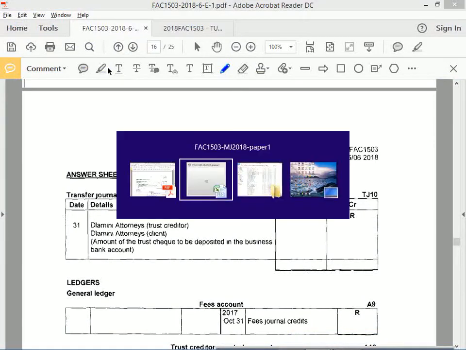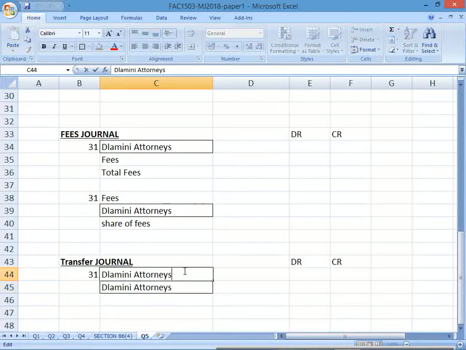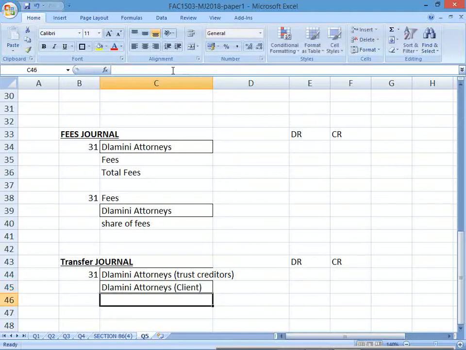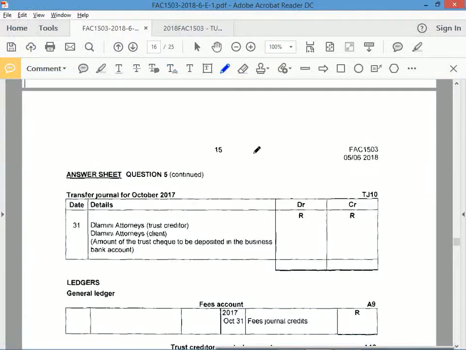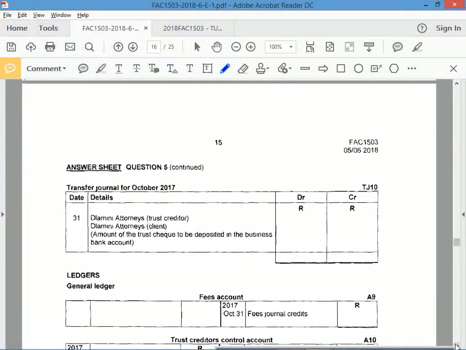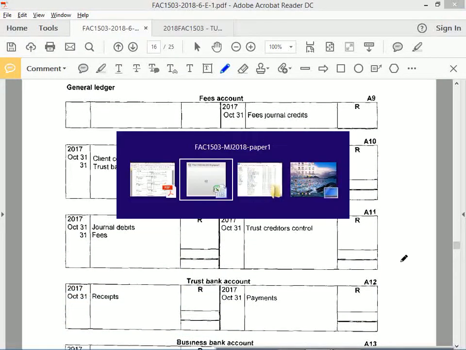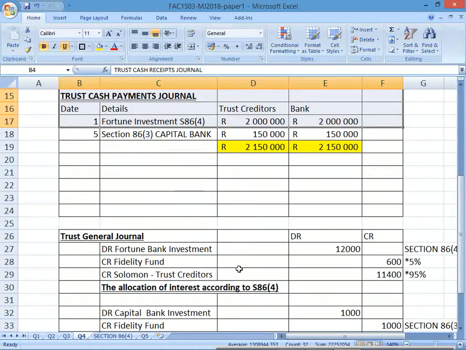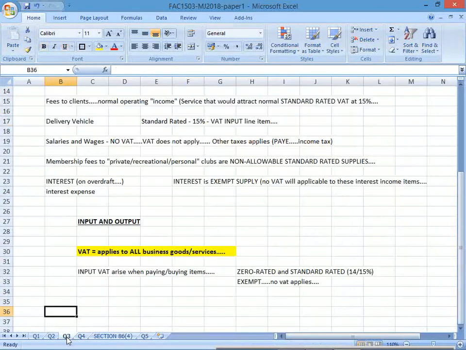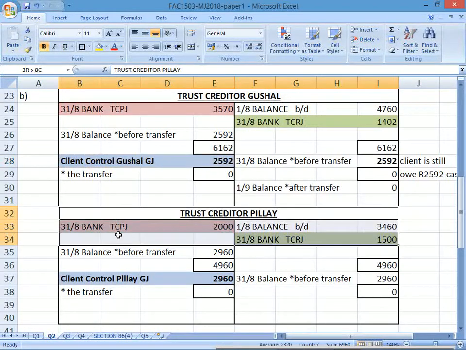Here you have trust creditors and clients. Wow, there's a lot here, hey? So let's copy one of these. Where's our T-account? There's a T-account. Let's get this one.